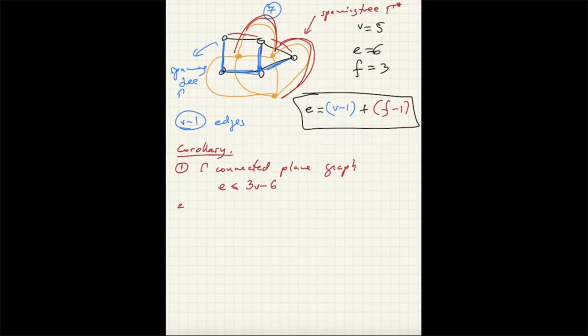And you can have improvements. For example, if gamma is connected and has no triangles, then E is at most 2V minus 4.